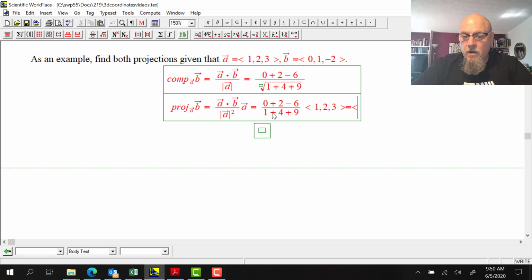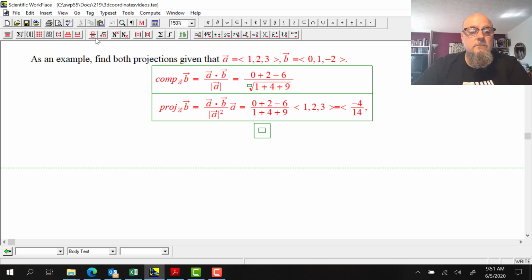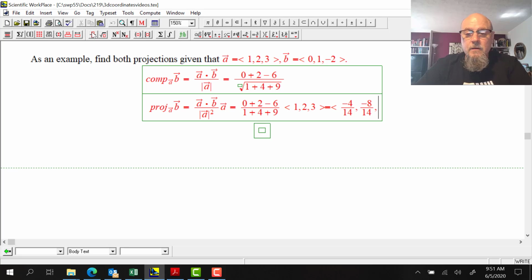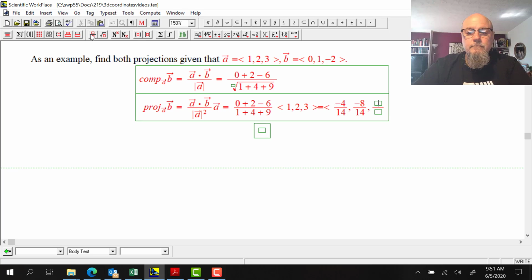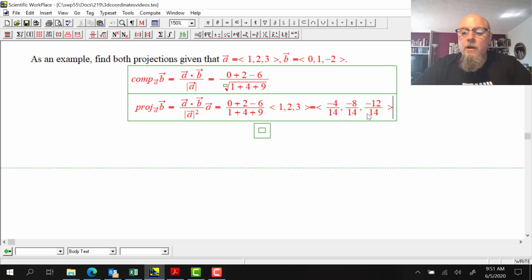So my vector is going to be minus 4 divided by 14, minus 8 divided by 14 and minus 12 divided by 14. This would be our vector projection. That's the vector that B projects down onto A, like from our drawing.